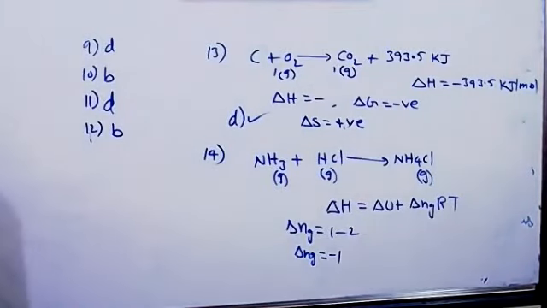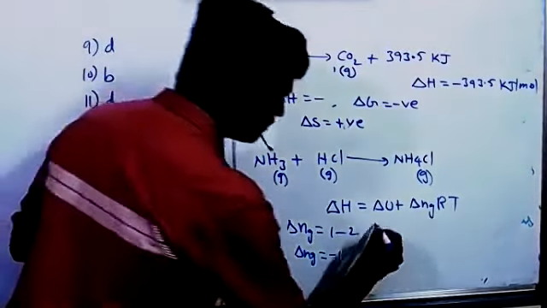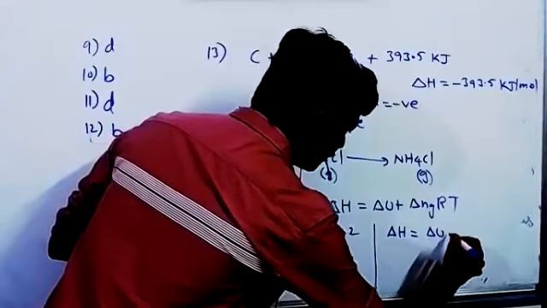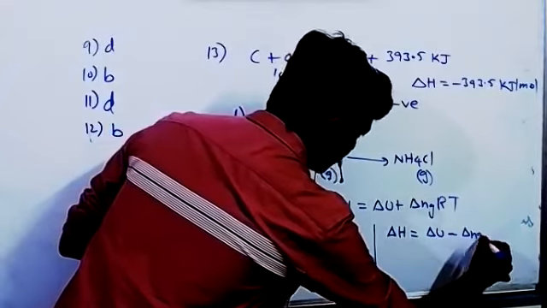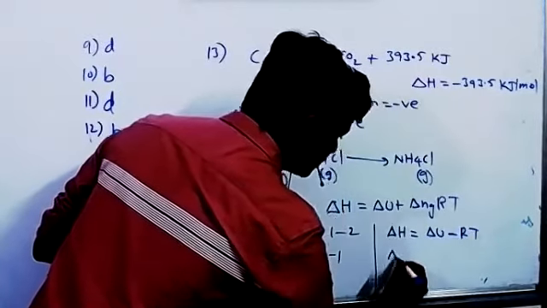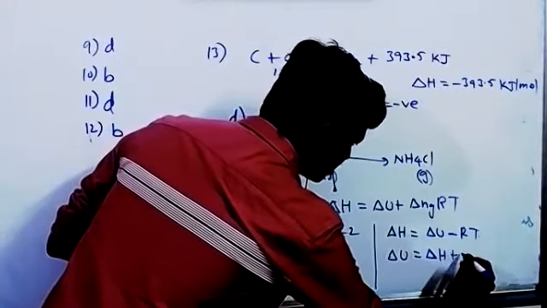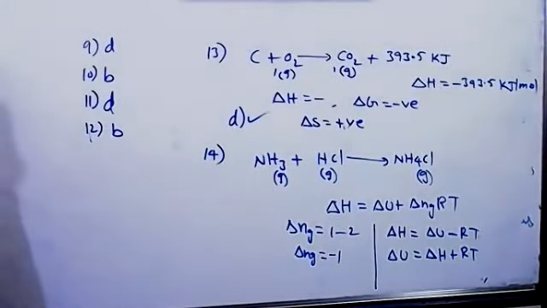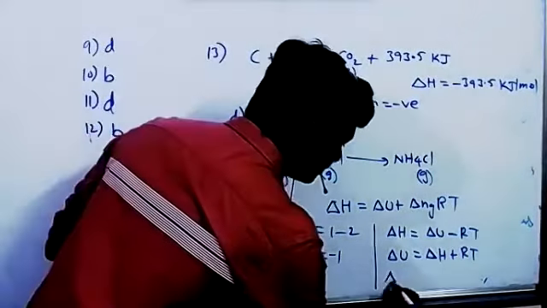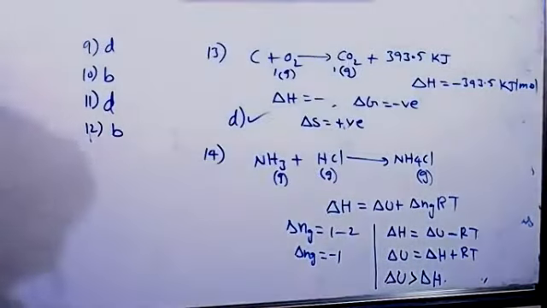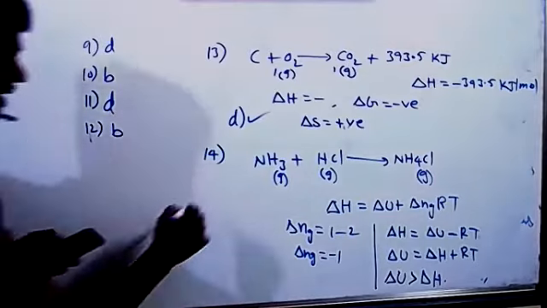So delta H is equal to delta U minus 1 RT. So delta U is equal to delta H plus RT. Means delta U is bigger value than delta H. So this is the relation. A is the correct answer.